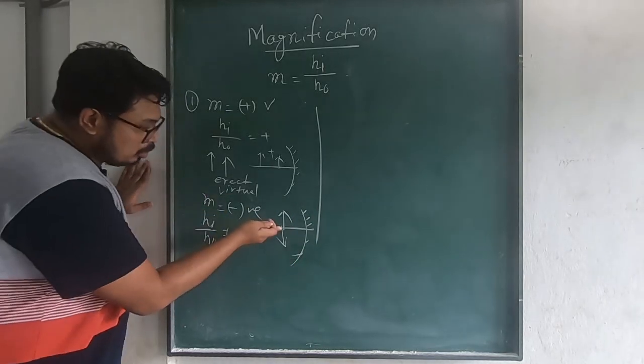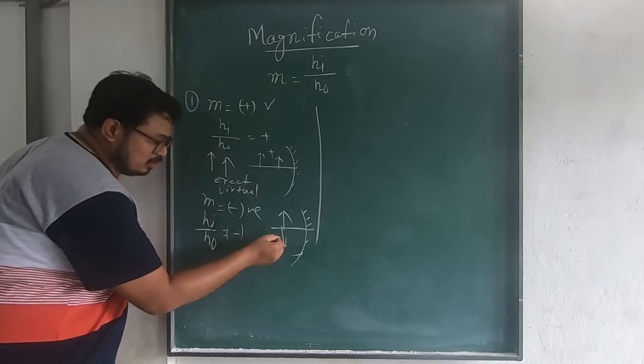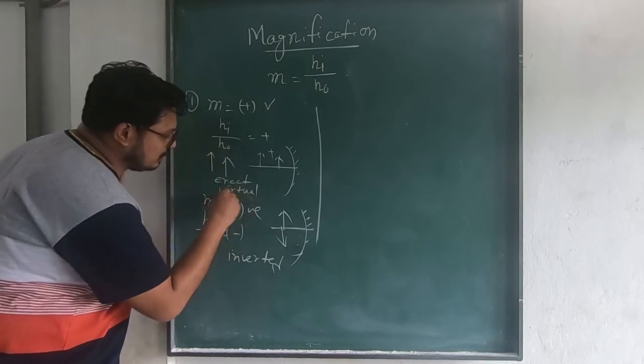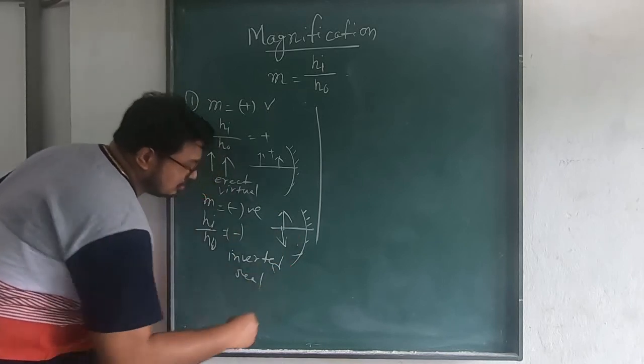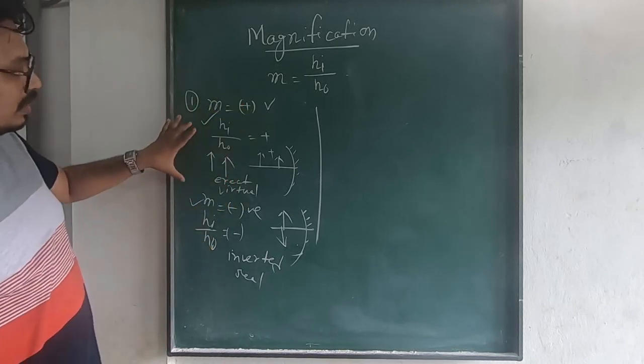Clear? So the object will be above the principal axis, the image will be below. In that case, it will be inverted. Your image will be an inverted image as well as real. Clear? So by looking at whether m is positive or negative, we can find two conclusions.